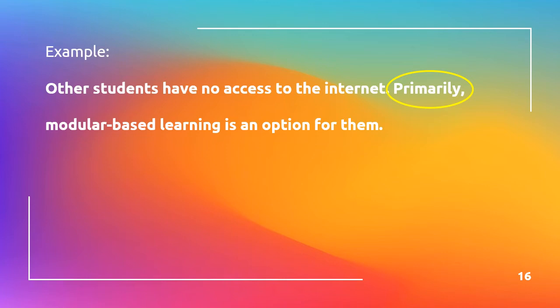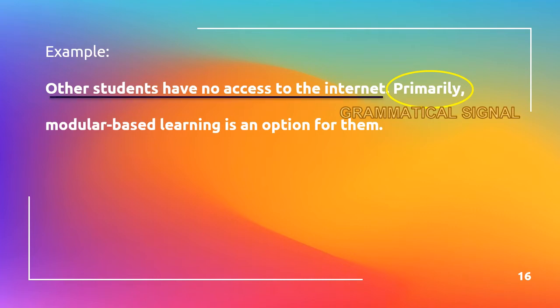Now, what do you think is the problem being stated in the sentence? If you answered "other students have no access to the internet," you are correct again. So that's the problem. So what is the provided solution for that problem?